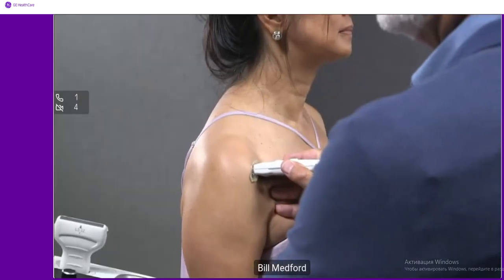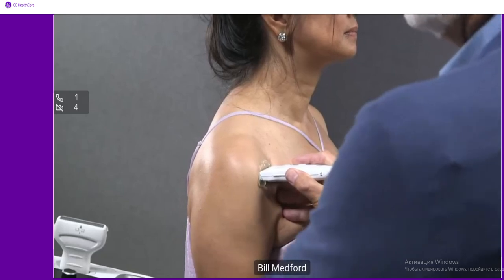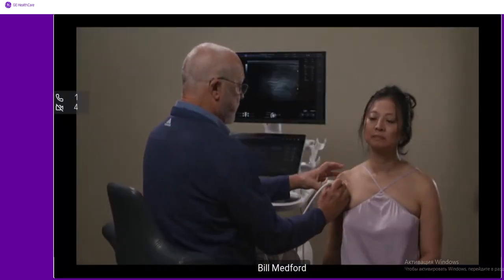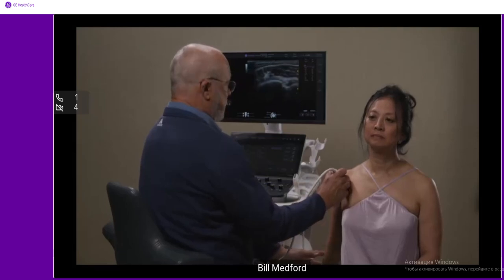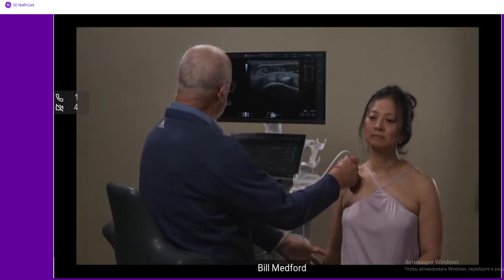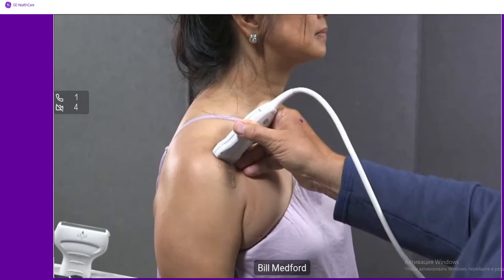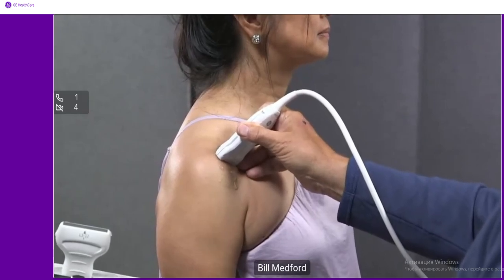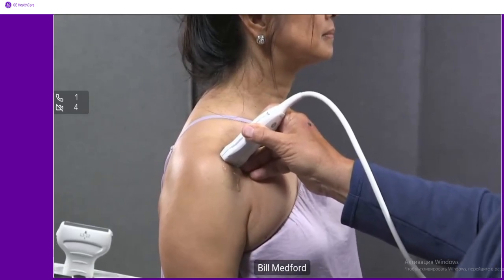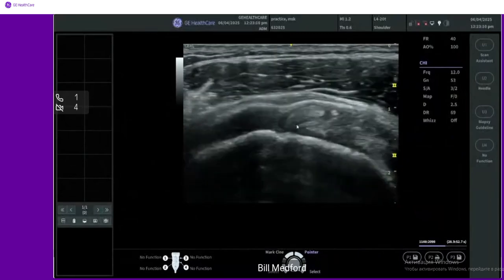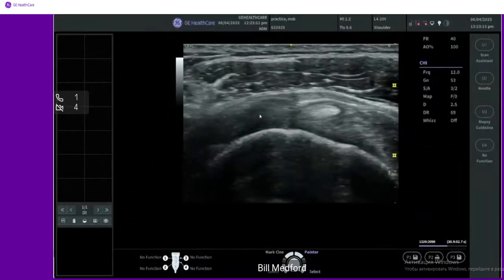I'm going to have her rotate a little bit to bring the bicep tendon over on top. Roll the transducer from here up over the top of the shoulder to where you see the rotator interval, demonstrating subscap medially, supraspinatus laterally.